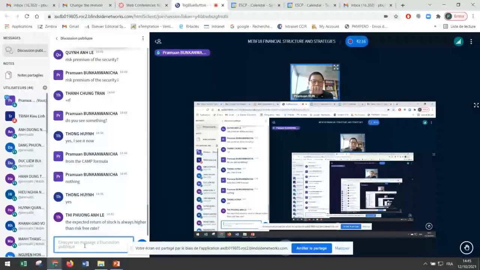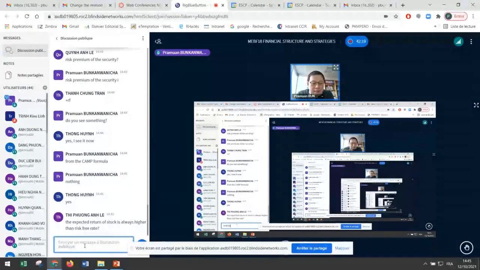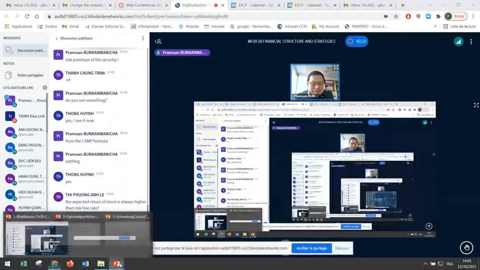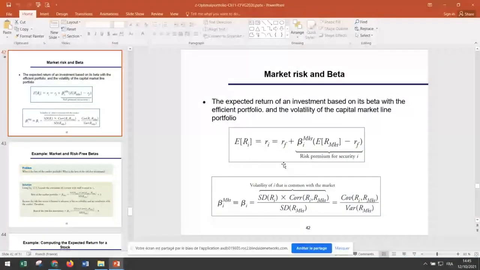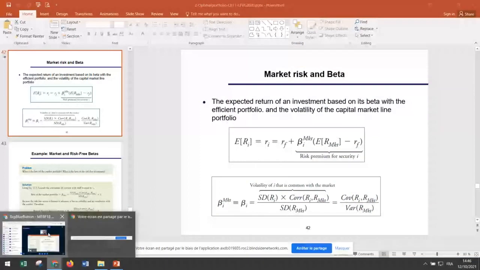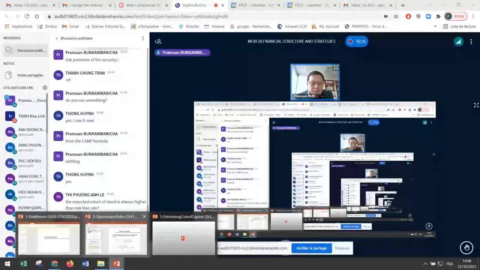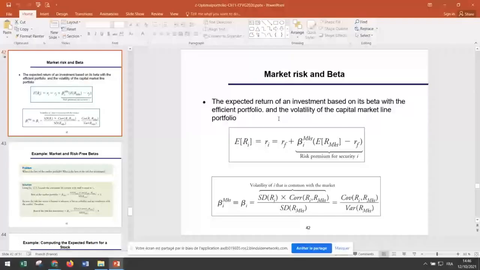You answer nothing if you understand it. Okay, so it's only my joke. Do you see something in the CAPM? If you understand, you say nothing. Anyone can type? Do you see something in the CAPM formula?